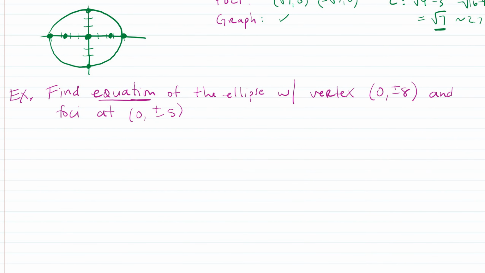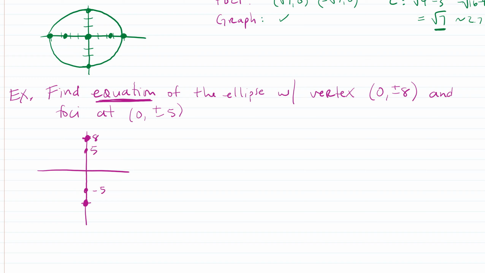So I want to find the equation, but in order to find the equation, I'm going to start by just looking at a graph. So my vertex is at (0, 8), so I'm going to say this number right here is 8, and here is (0, -8). And then my foci are part of the way along, so this is 8, this is 5, negative 5.